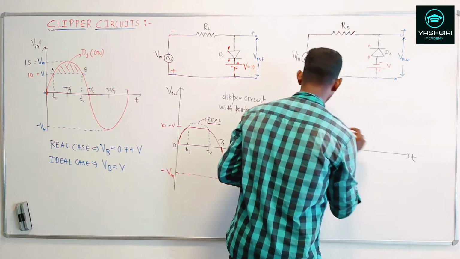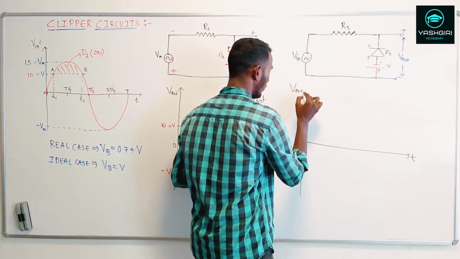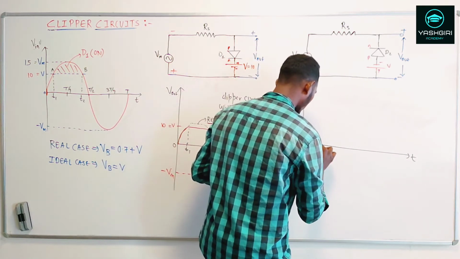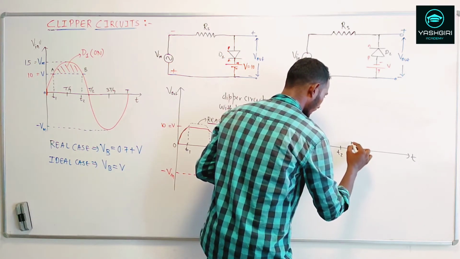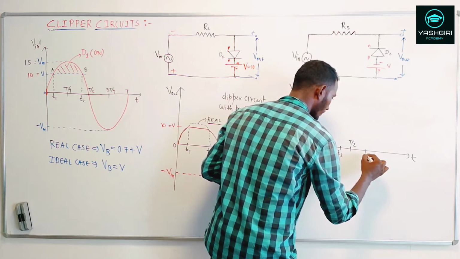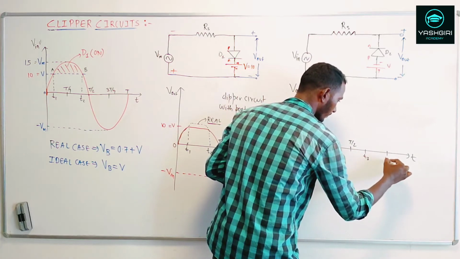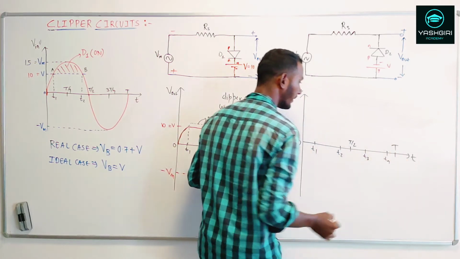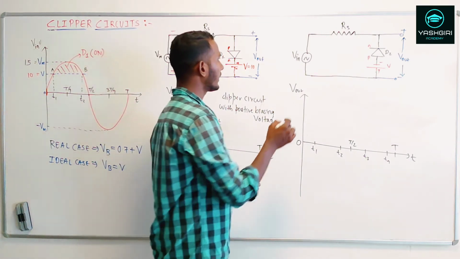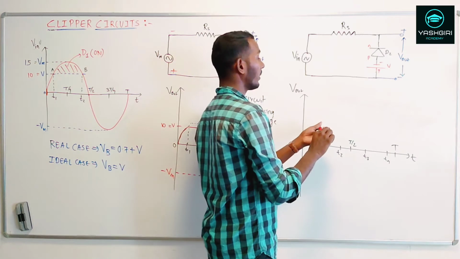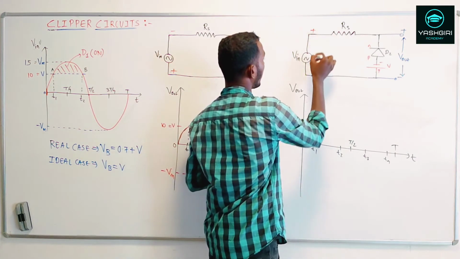So this is my T. This is the V out. Let this be my 0. So again this is T1, T2, and this is my T by 2, T3, T4, and let this be my T. Alright, so for the first positive half cycle, the polarity will be plus, minus.